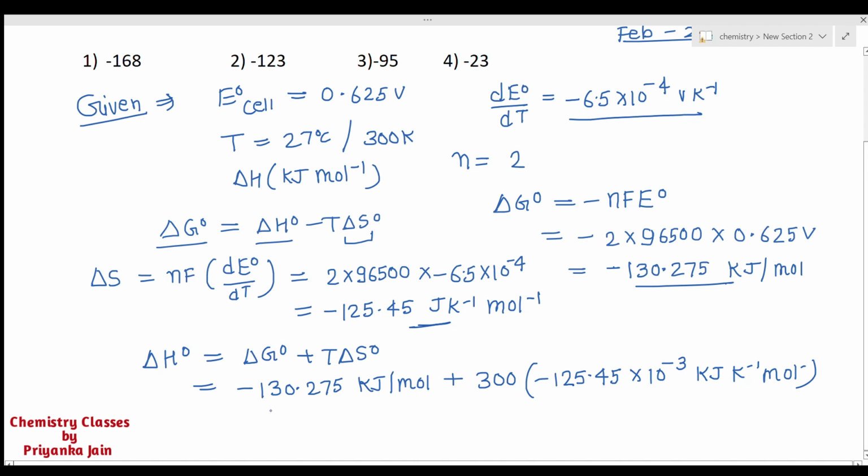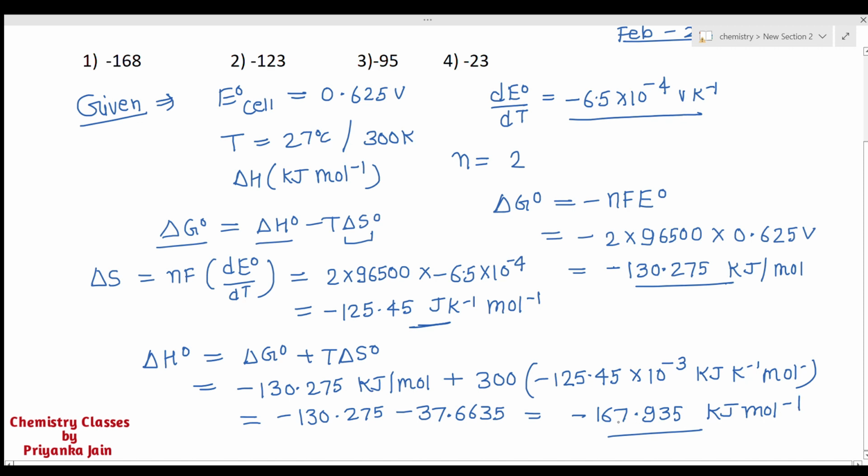Calculating this gives around minus 37.6635, and the total comes to around minus 167.935 kilojoules per mole.